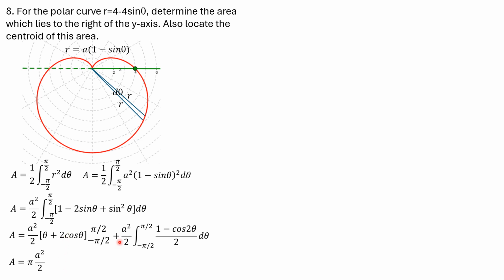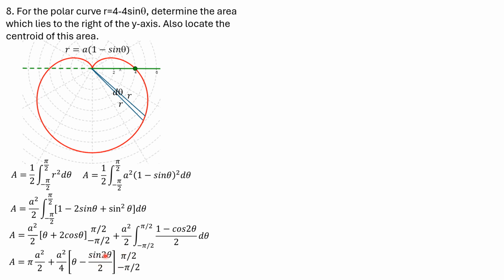That would be 0, then plus a squared over 4 integral, which is theta, then this is minus sine 2 theta over 2. The integral of cosine 2 theta d theta is sine 2 theta over 2. This 2 here is already here over 4. So from negative pi over 2 to pi over 2.